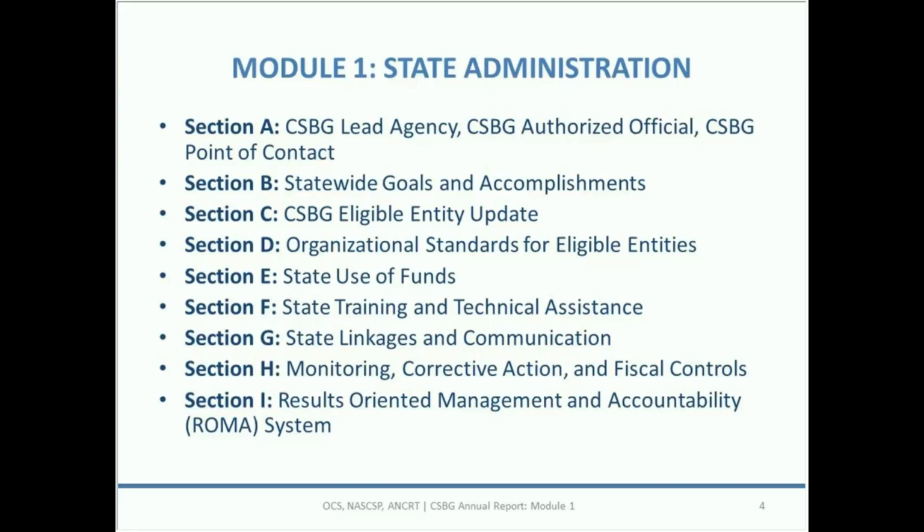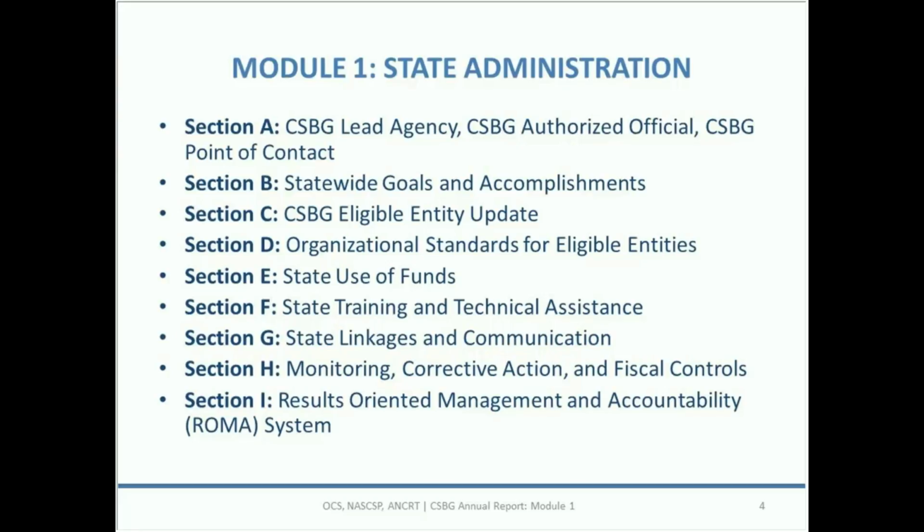There's information in Section B about the statewide goals and accomplishments. Section C covers the eligible entity updates. There could be some changes in that section from when states submitted their state plan. Section D includes information about organizational standards for eligible entities. We'll talk about this in greater detail in a moment, but it is an opportunity for the state to report how the eligible entities did on organizational standards.